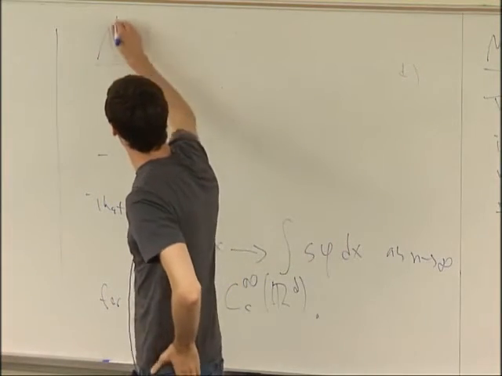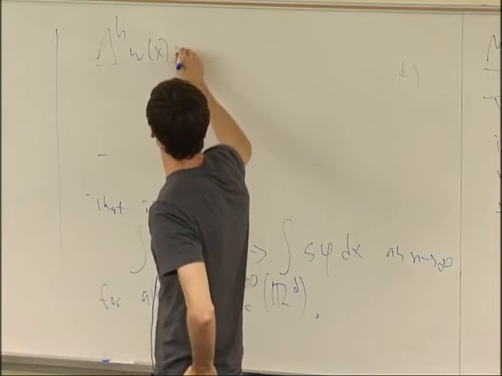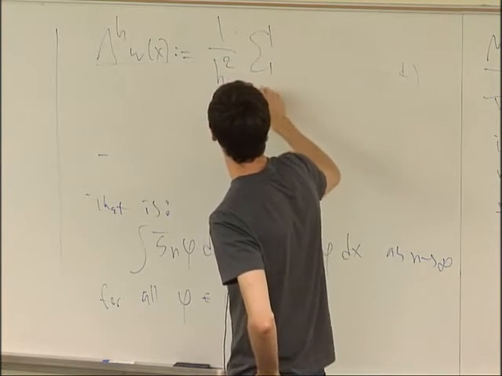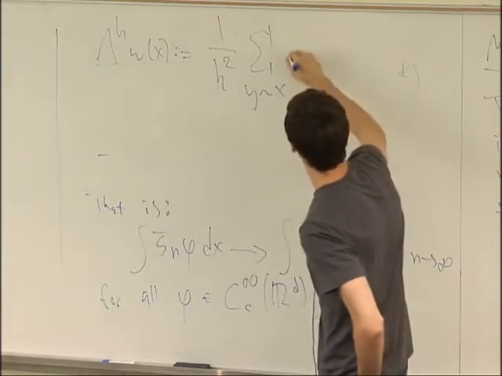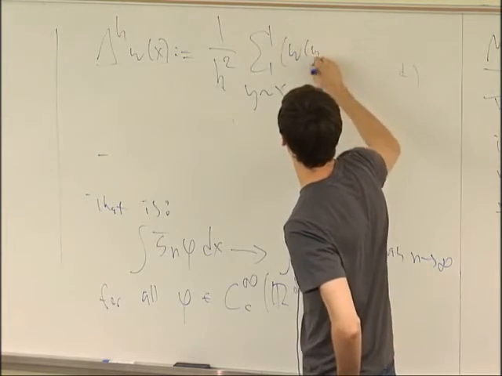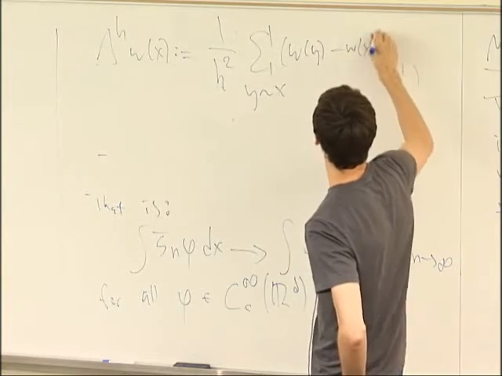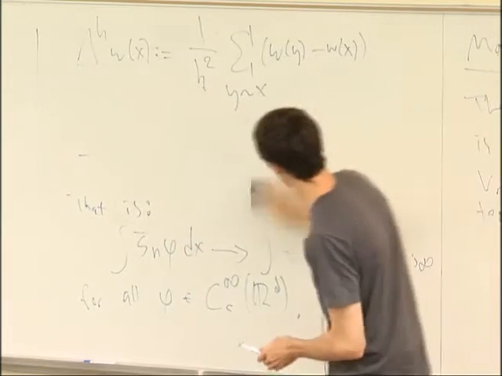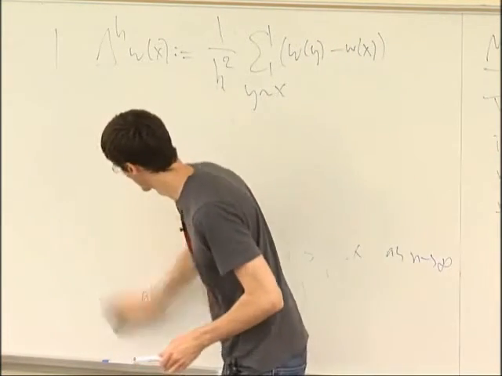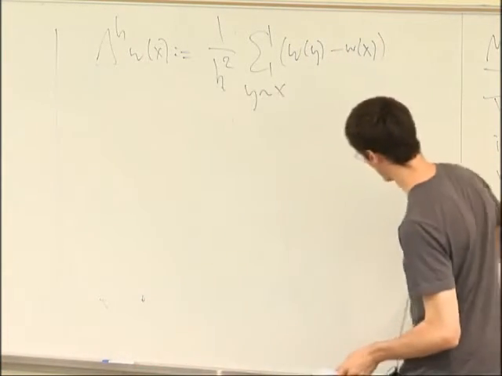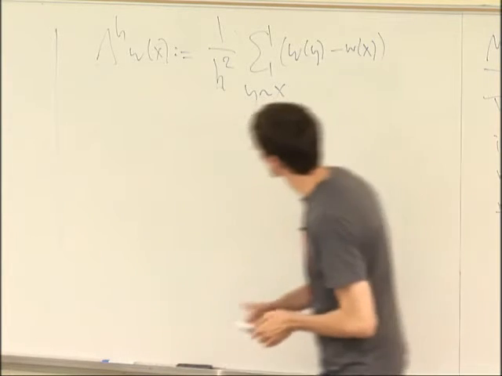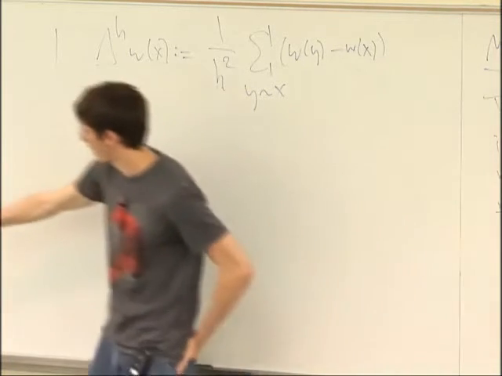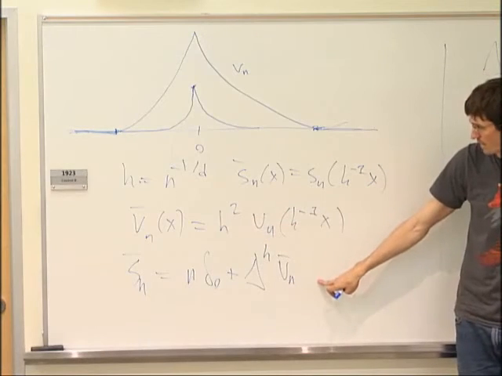This is defined to be 1 over h squared times the sum over all the neighbors of x of the difference between you and your neighbor, like that. So there's this natural rescaling to pick for V that preserves this.